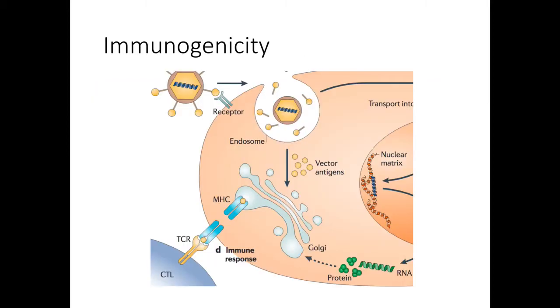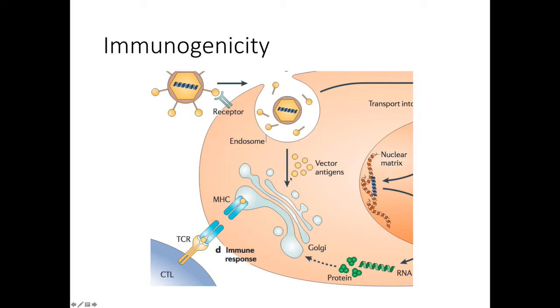So these are two things that one needs to think about, whether you want your gene integrated or not integrated into the genome. Another factor is the viral-like particle and the delivery mode that you're going to use to mediate gene therapy. Is it likely to elicit an immune response? Here we have a virus, it recognizes a receptor, goes into the cell, and produces what are called antigens or proteins.